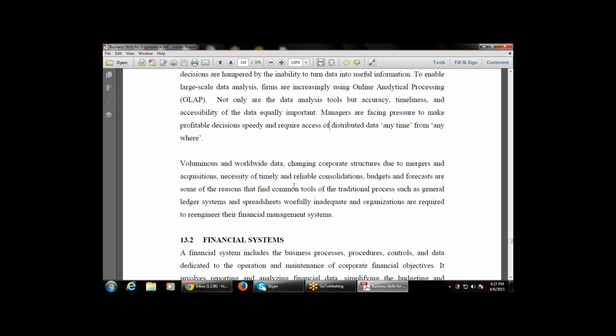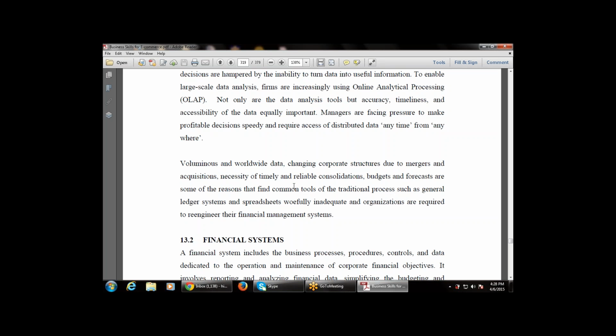Now next is the financial system. A financial system includes the business processes, procedures, controls and data dedicated to the operation and maintenance of corporate financial objectives. What is a business process?